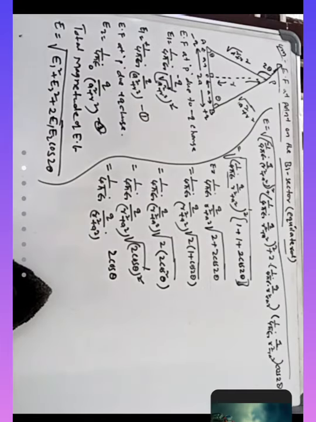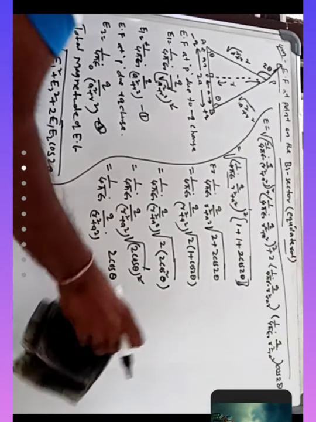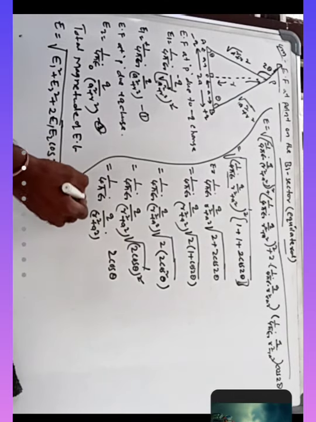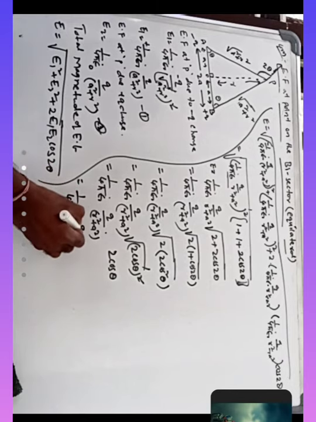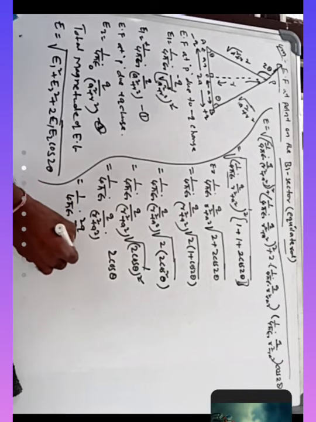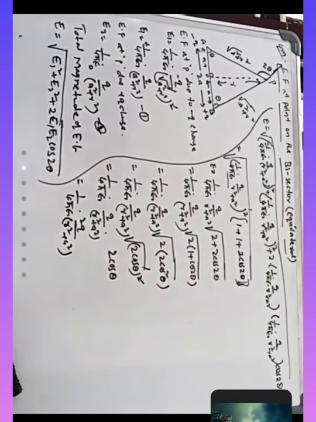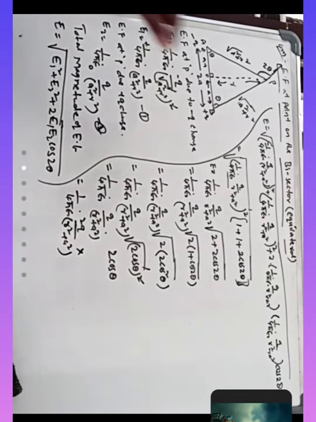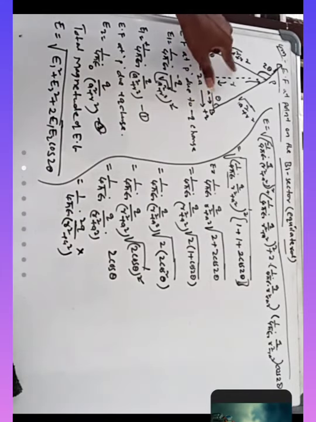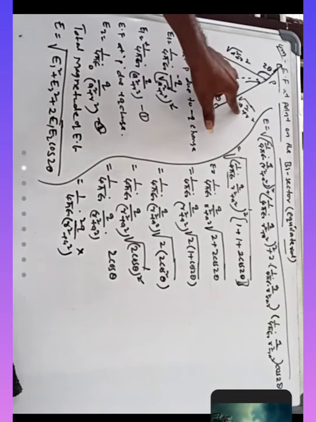Now observe here, I want the cos theta value. Once again write it: 1 by 4 pi epsilon naught into 2Q by R square plus A square, cos theta. Angle theta is there, with opposite side, adjacent side, and hypotenuse.